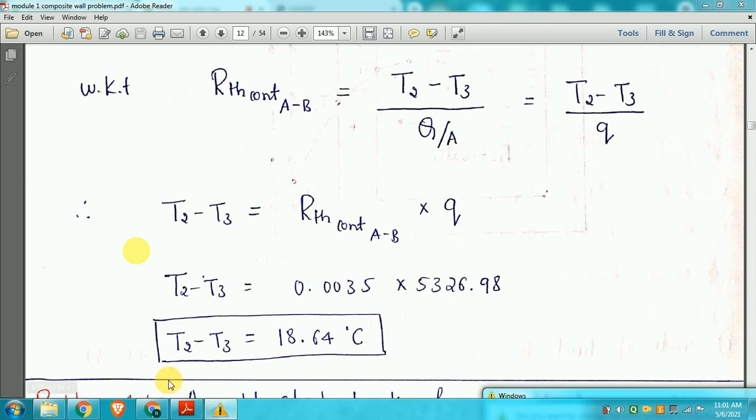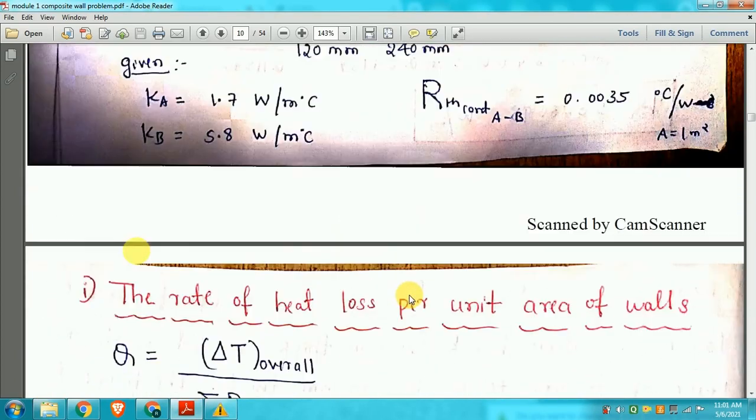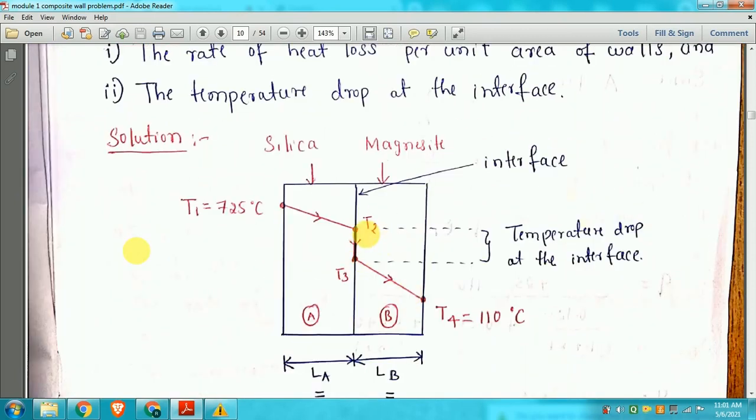If you want to find out T2 individually, you can find out. Also you can find out T3 individually. Both we can find out individually, not a problem. So how to find out T2 individually? Can anybody just tell me how to find out T2 individually, looking at this figure or the given data?